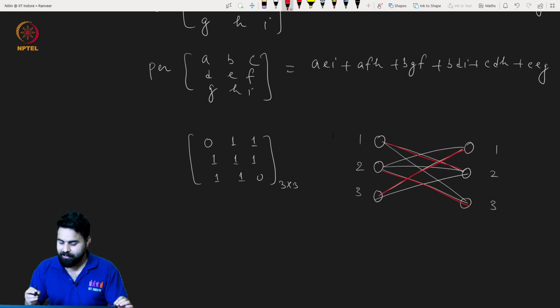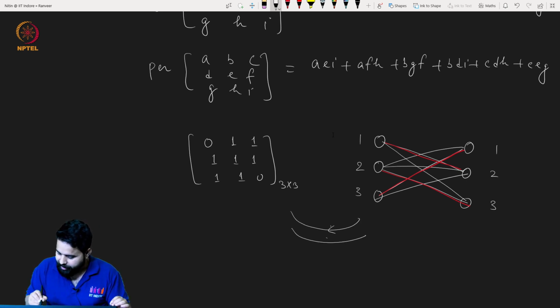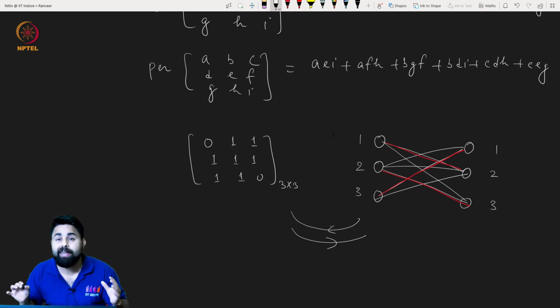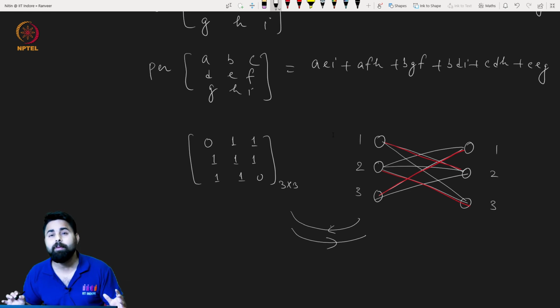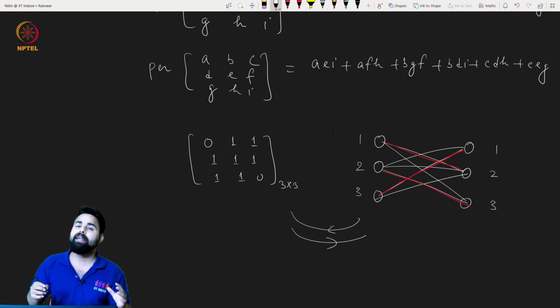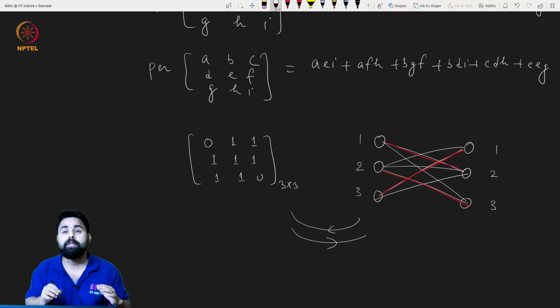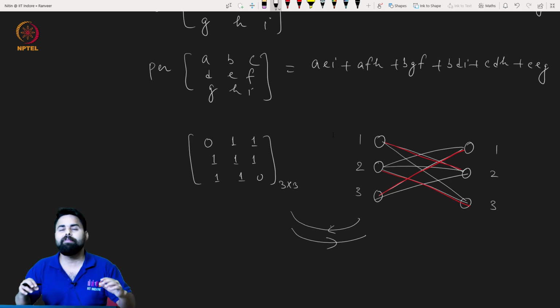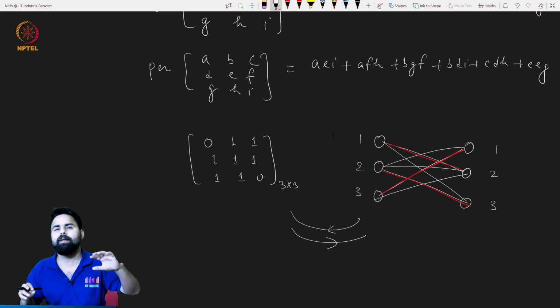In fact, there is a 1-to-1 correspondence between these two questions: finding the number of perfect matchings in a given bipartite graph and finding the permanent of the corresponding square matrix. Here my bipartite graph is a balanced bipartite graph, with equal numbers of vertices on both sides.